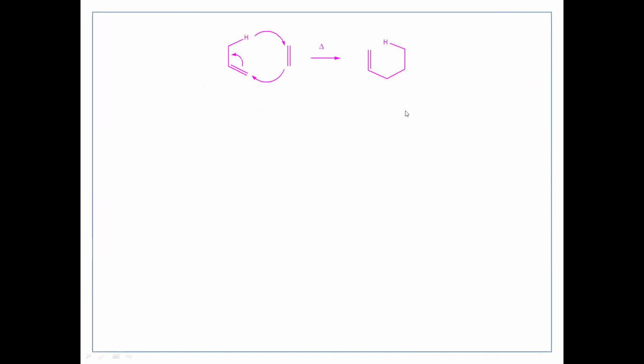So this type of reaction is called a group transfer reaction. This is also another type of pericyclic reaction. So thus pericyclic reactions are classified into 4 types: cycloadditions, electrocyclic reactions, sigmatropic reactions, and group transfer or ene reactions.